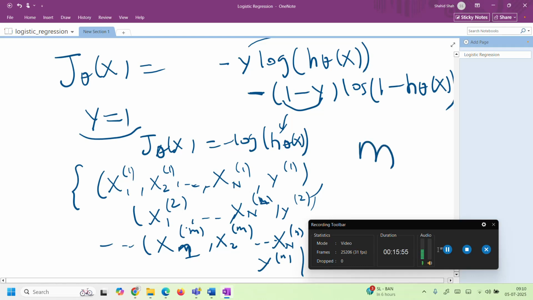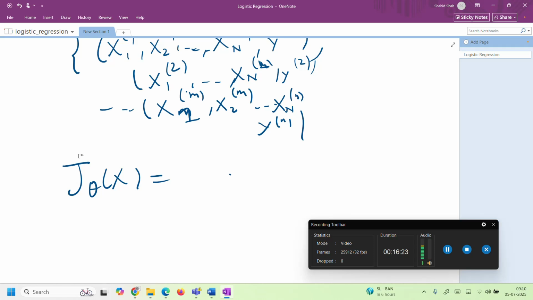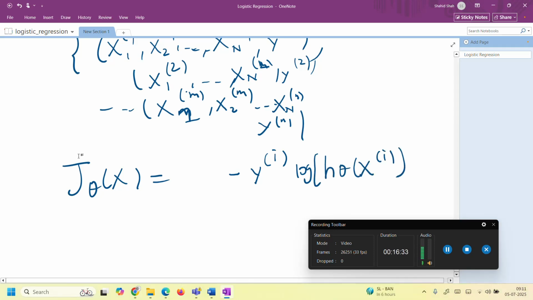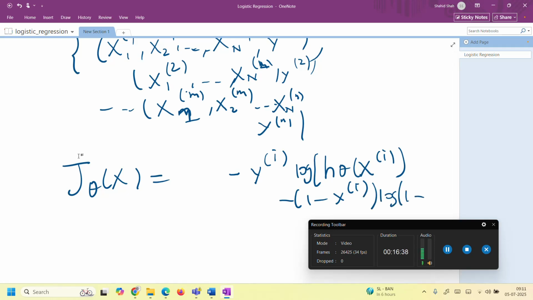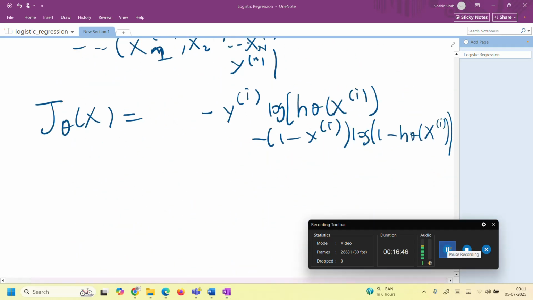So there are a total of m points in this data set. Then the cost function will be defined like this: J theta is equal to minus y i log of h theta of x i minus 1 minus y i log of 1 minus h theta of x i, then summation i is equal to 1 to m, 1 by 2m.